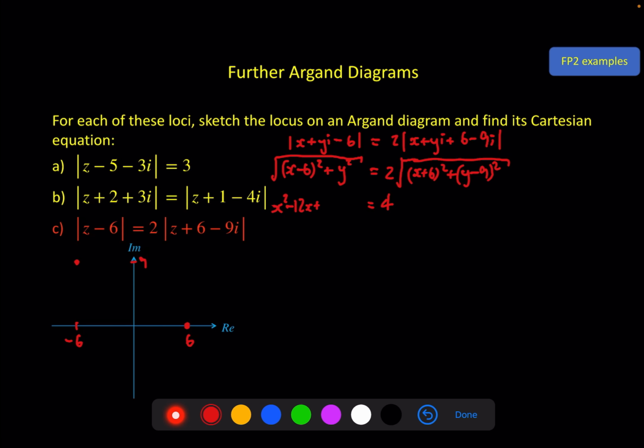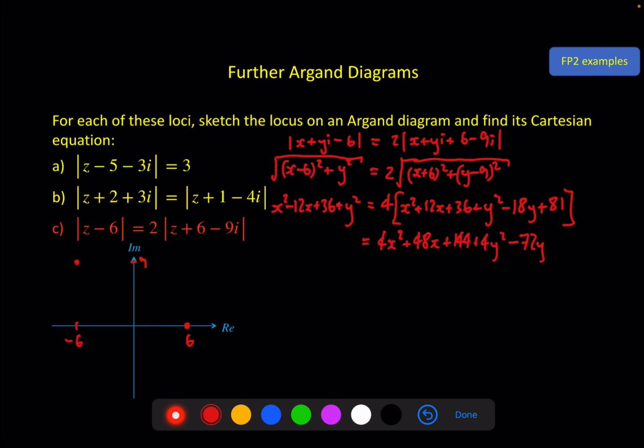Gives us this on the left, and on the right, big brackets for that 4, x² + 12x + 36 + y² − 18y + 81. Apply the 4. Nothing's changed on the left.